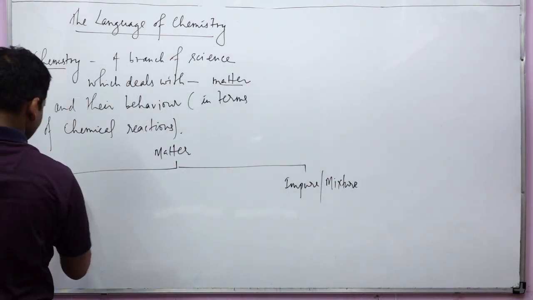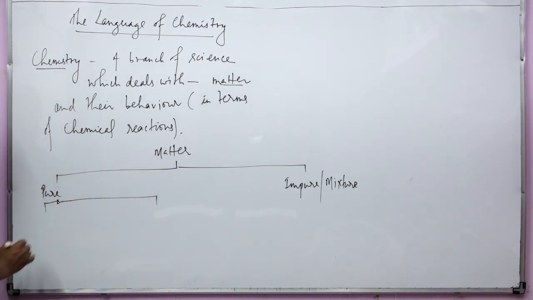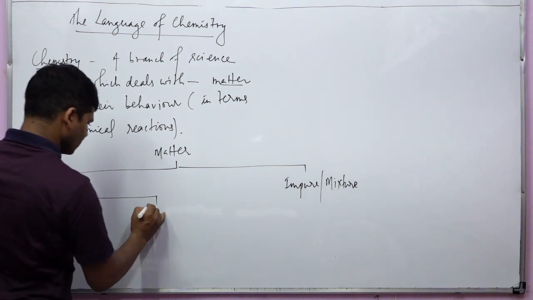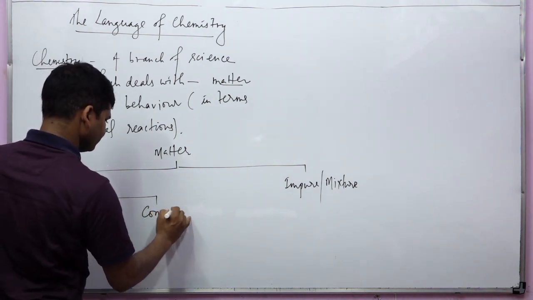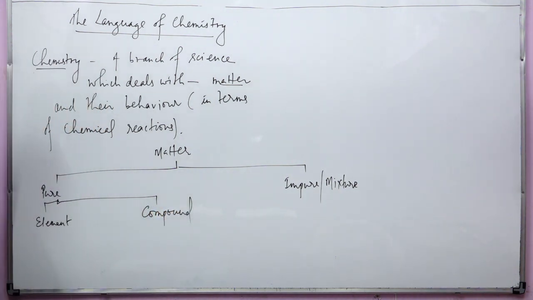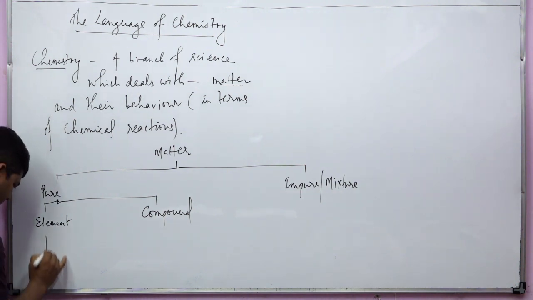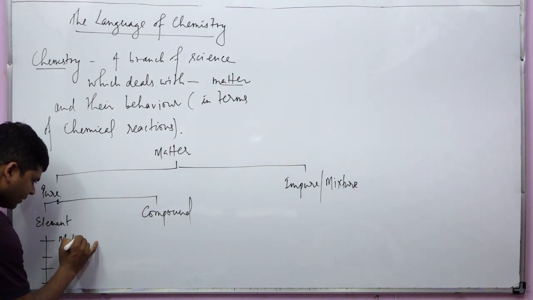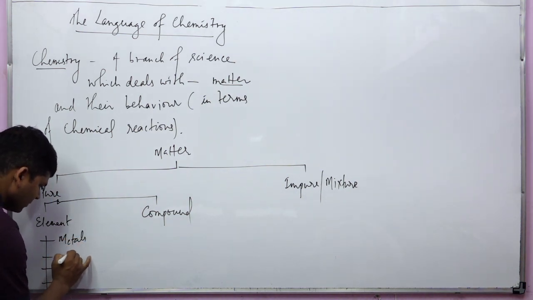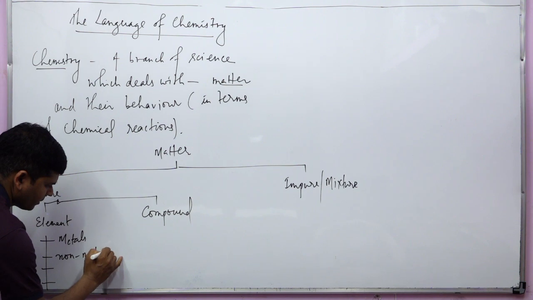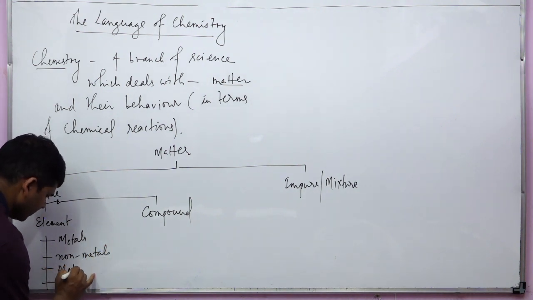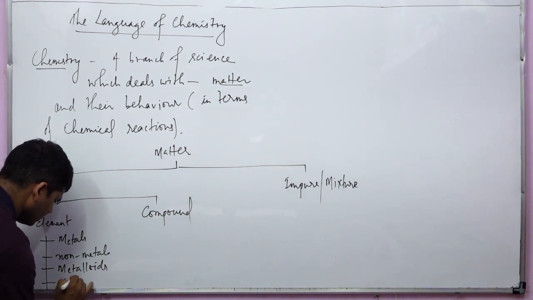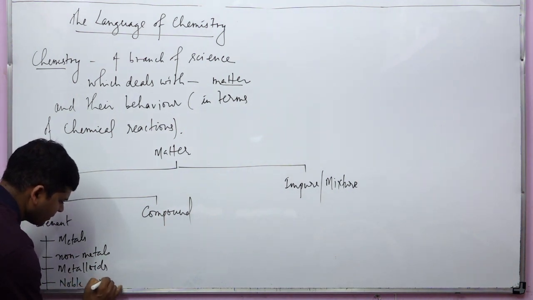Pure substance can be further divided as element or compound. Elements, you must have heard about metals, non-metals, metalloids, or noble gases.